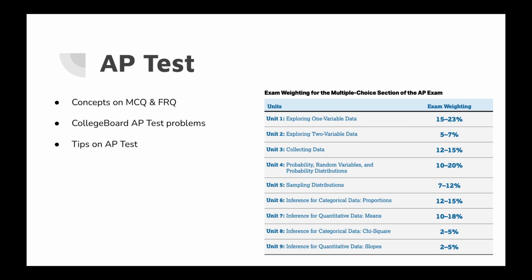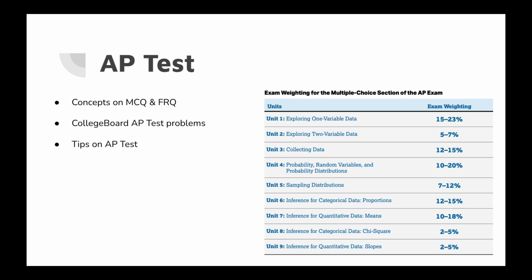For Unit 4, probability and random variables, we will learn about how probability functions and random variables can work in statistics. In Unit 5, we'll learn how to find sampling distributions. For Units 6, 7, and 8, we will learn how to find the statistical significance of data. And finally, for Unit 9, we will learn how to make inference for a slope of a data.